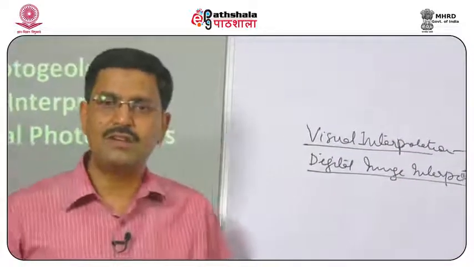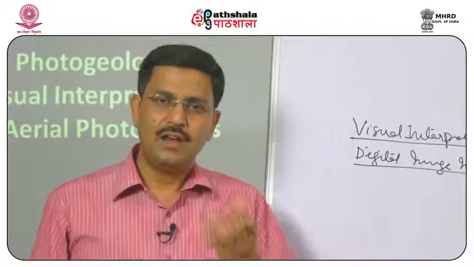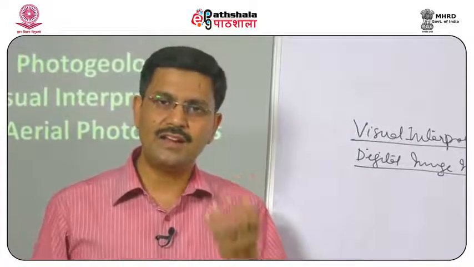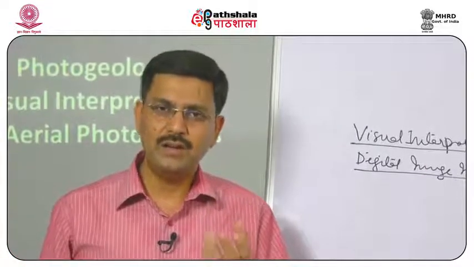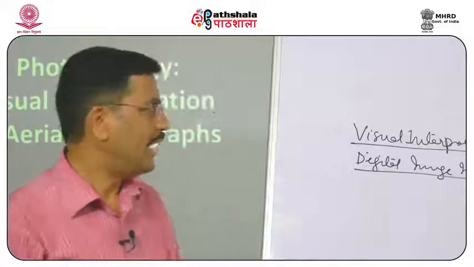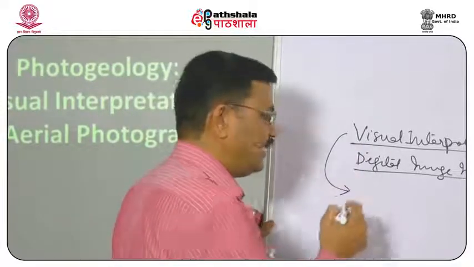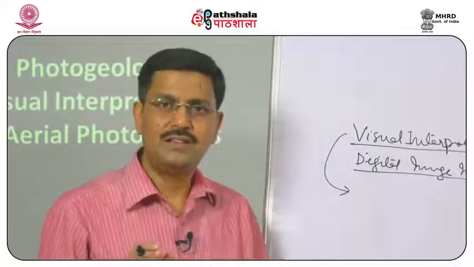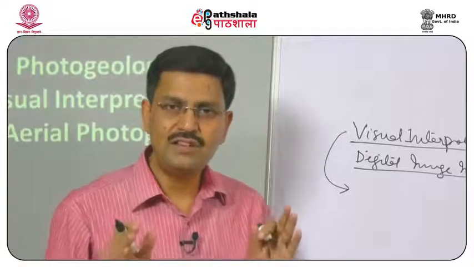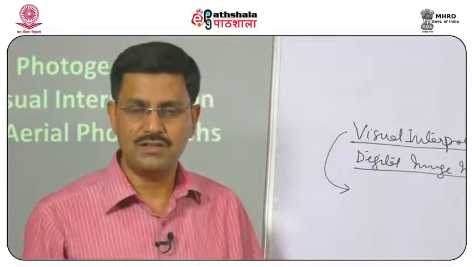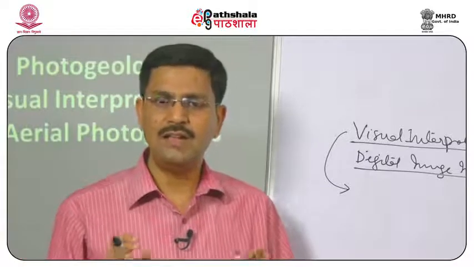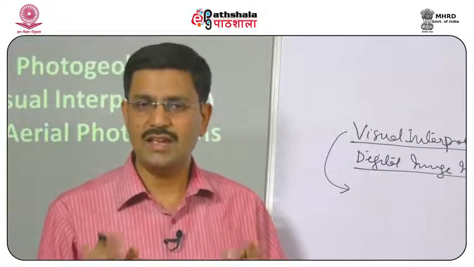In simple words, it is how best we can classify, identify, interpret and separate a feature visually by our own eyes using pen and pencil. Within visual image interpretation there are different techniques, different elements and different keys, about 8 or 9 image interpretation keys and elements.